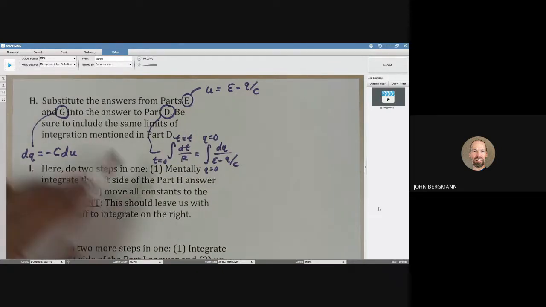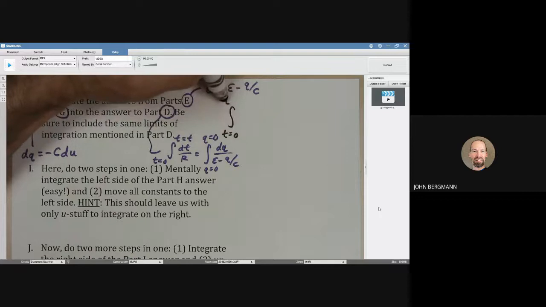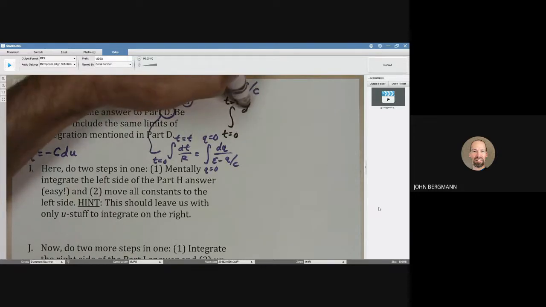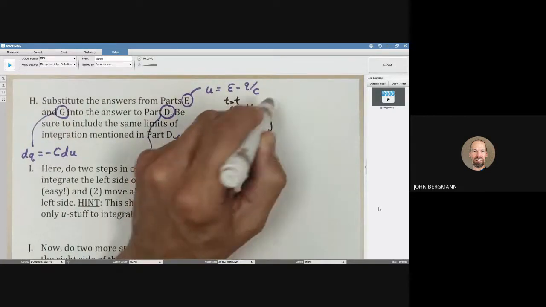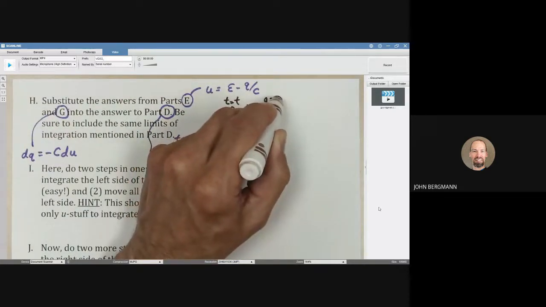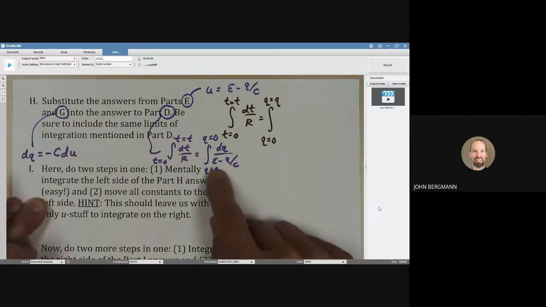Well, the left side is going to be unchanged. We're going to go from t equals 0 to t equals t, dt over R. But what about the right side? I'll go ahead and leave those integration limits in there. But on the right side, we have this epsilon or E minus Q over C in the denominator.